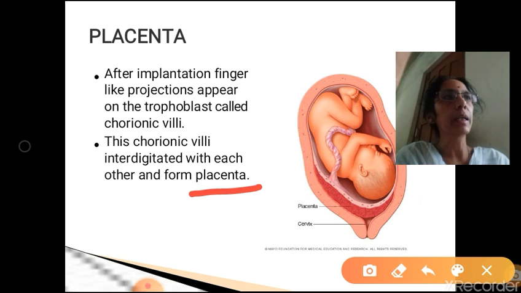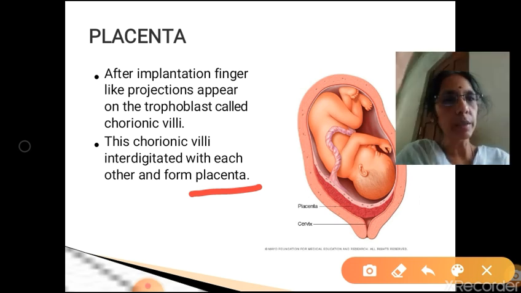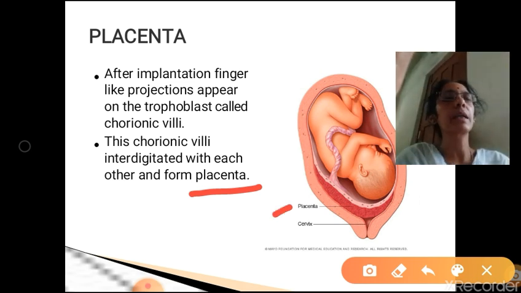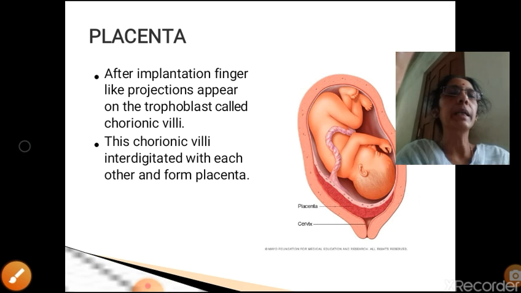The chorionic villi will be attached with the uterine tissue, the endometrium of the uterus, and that forms the placenta. Can you see here, this red colored region is the placenta. So the placenta is attached to the embryo with the help of the umbilical cord.